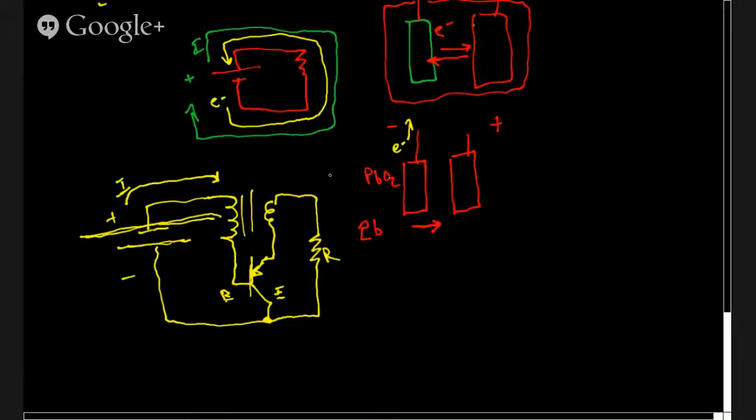Same thing with diodes. Diodes only allow current in one direction. If you look at the schematic representation, it's easiest to think of it as current going this way, because it's the same direction as the arrow, rather than electrons flowing the opposite way.